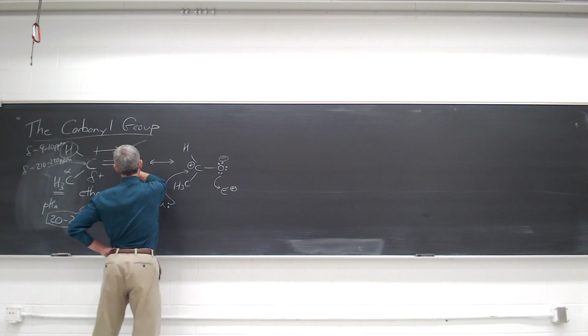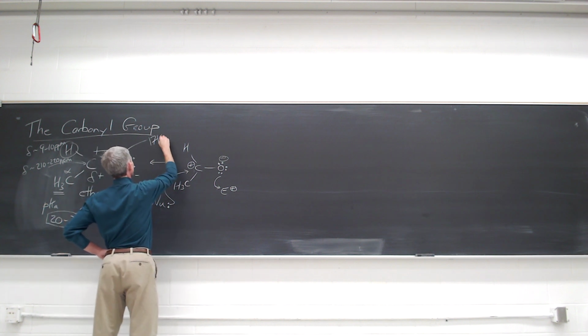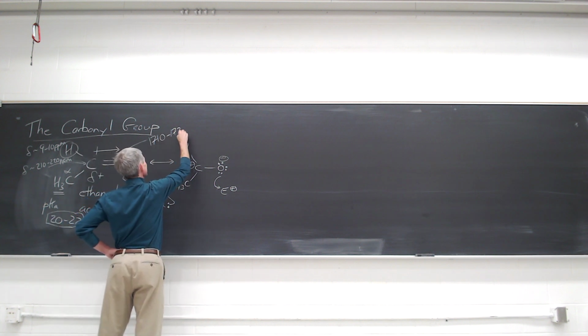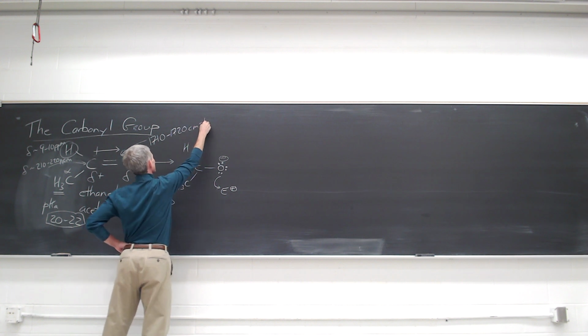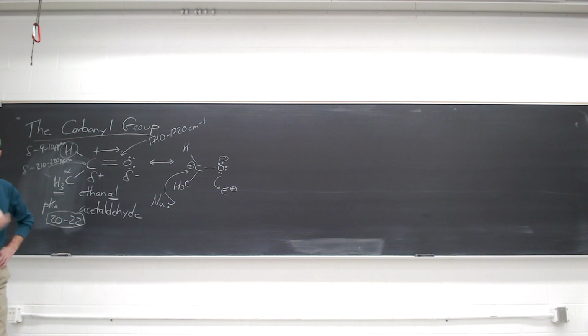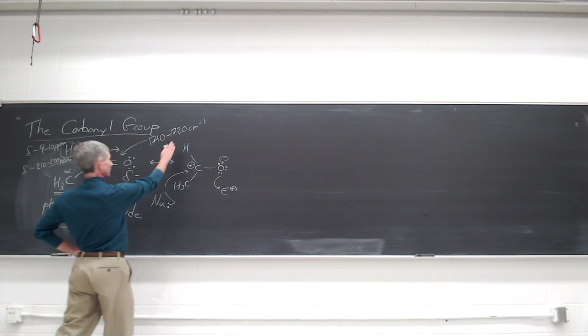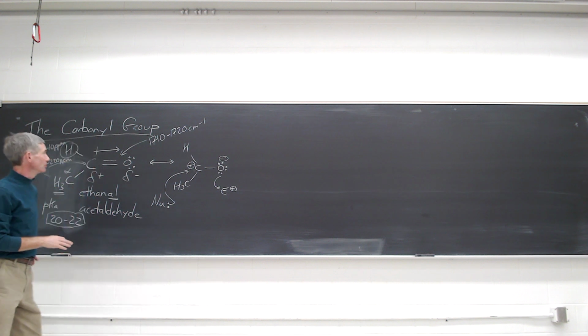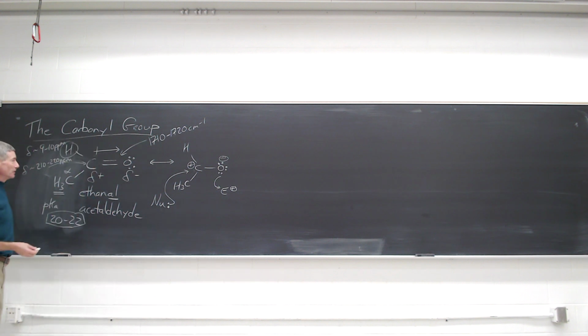You probably remember that in the IR, the carbon-oxygen double bond of an aldehyde or a ketone occurs somewhere between 1710 to 1720 reciprocal centimeters, and that's distinct from an ester. The ester carbonyl is typically higher, in the 1730 to 1750 range, so we can often distinguish the aldehyde or ketone from the carboxylic acids and the esters.